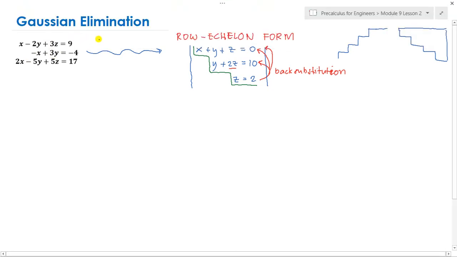And for the row echelon form, class, there are legitimate operations that you need to follow.